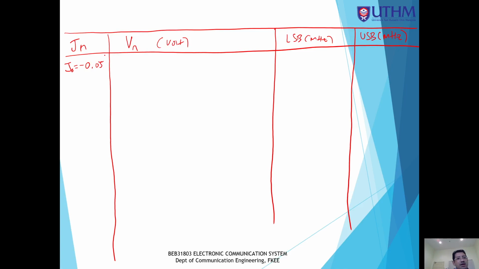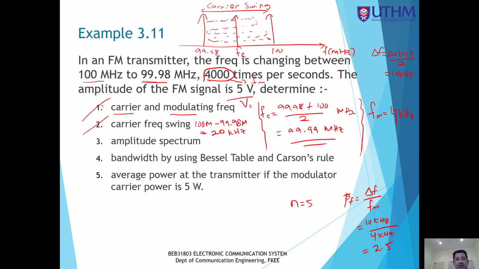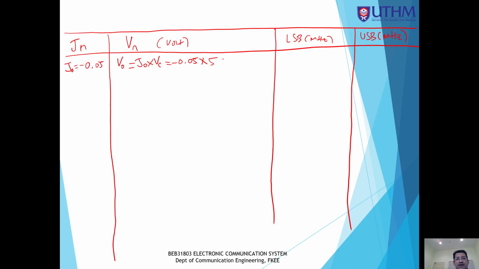From here you can get V0 equal to J0 multiplied by Vc, which is negative 0.05 multiplied by 5. The 5 is given in the question, you see that Vc is equal to 5 volts, so you get minus 0.25.